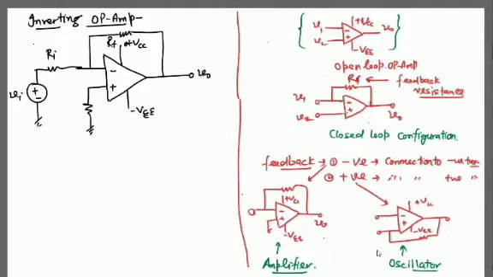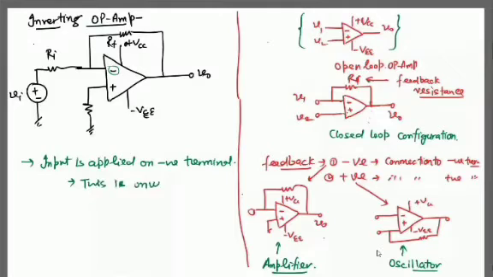This negative terminal, if the input is applied on the negative terminal, and your output is applied on the negative terminal of the op-amp, this is called an inverting amplifier. So this is the inverting configuration.